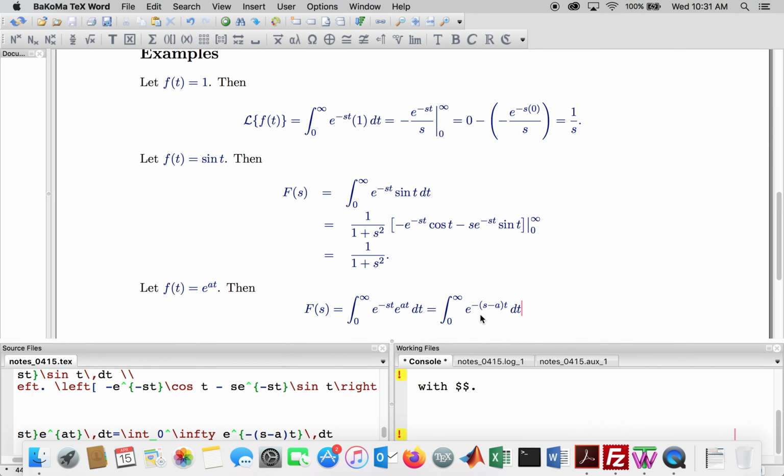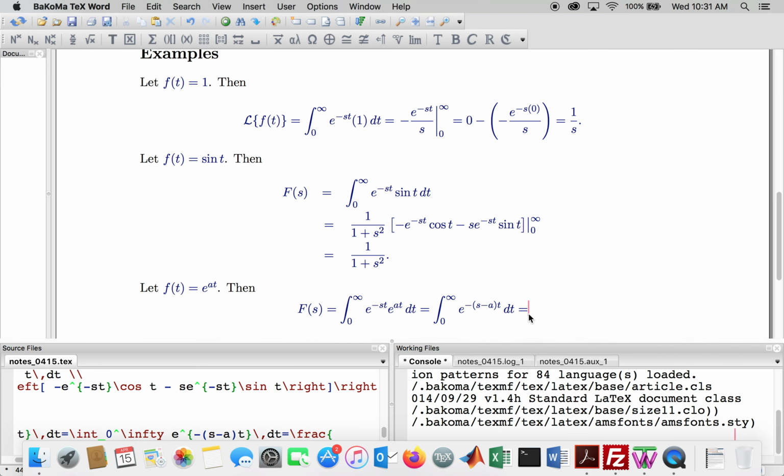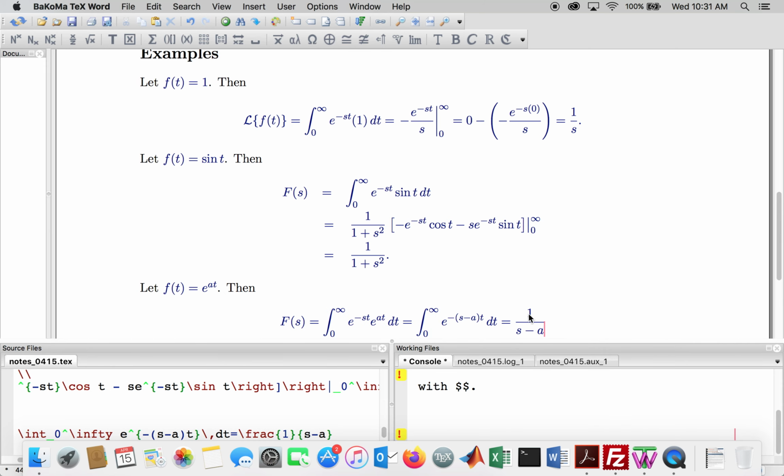So then it's the same form as this integral. It's just that in place of s, which is a constant as far as the integral is concerned, you have s minus a. So really what happens is I could work through this whole thing, but just replace s by s minus a, and it would work out exactly the same way. So what we have is 1 over s minus a.